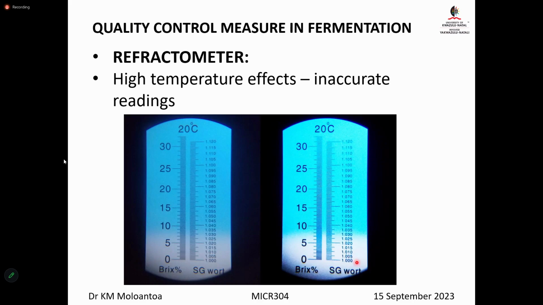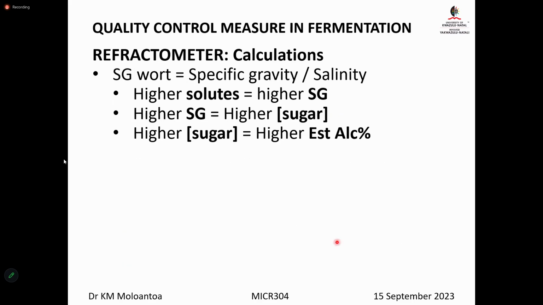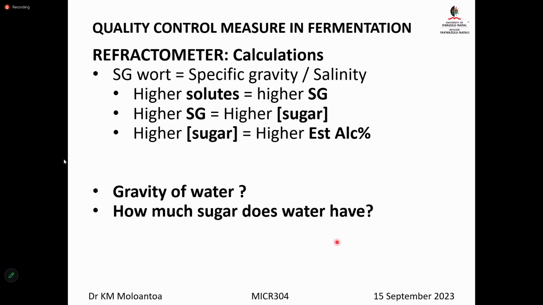As soon as you start dissolving solids or sugar in this water, the Brix will go up a bit, and then the SG will also start going up, indicating that there are solids being dissolved, right? So you just explained that second question: water does not have any sugar, so that's why we get 0 Brix and 1.000 SG.